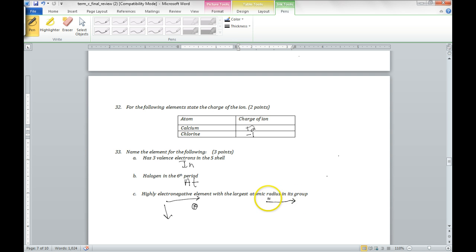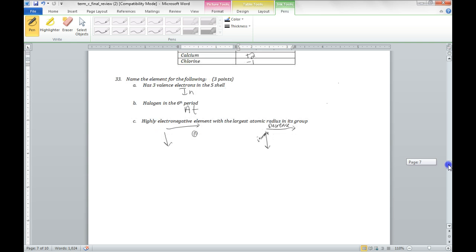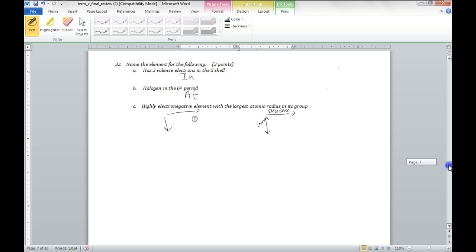It is going to decrease as it goes from left to right, and it increases as it goes down. So fluorine would be the correct answer there.